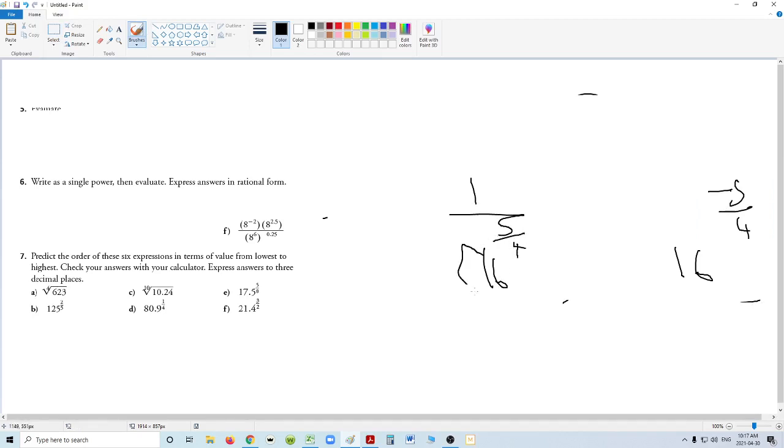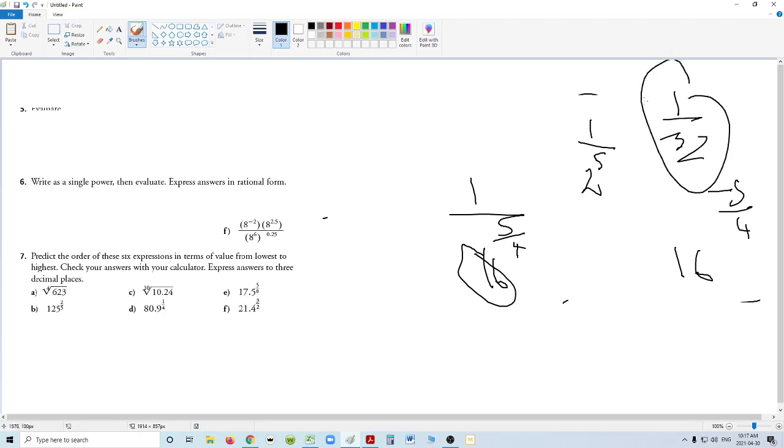The 4th root of 16 is 2. So we get 1 over 2 to the 5. 2 to the 5 is, I believe, 32. 4, 8, 16, 32. Yeah. So 1 over 32, positive.